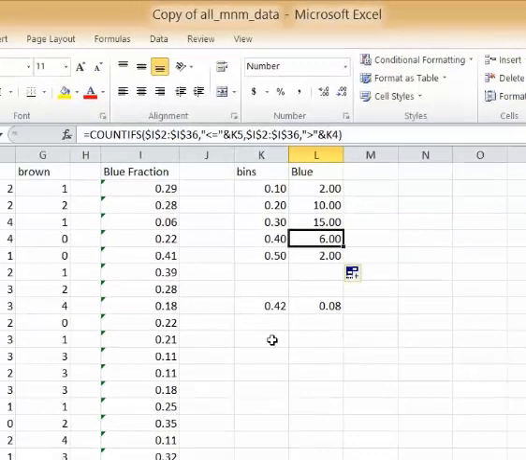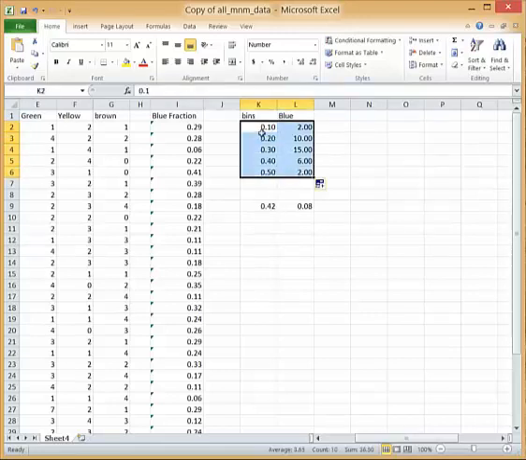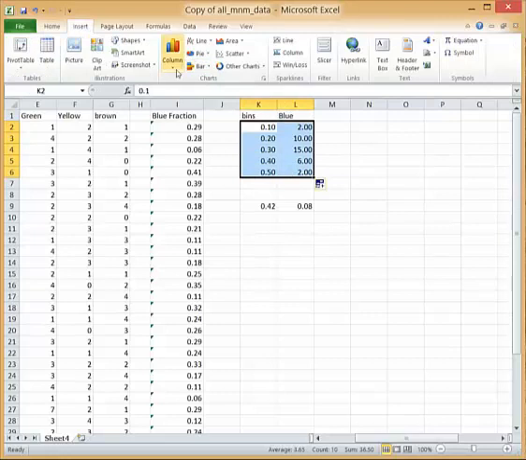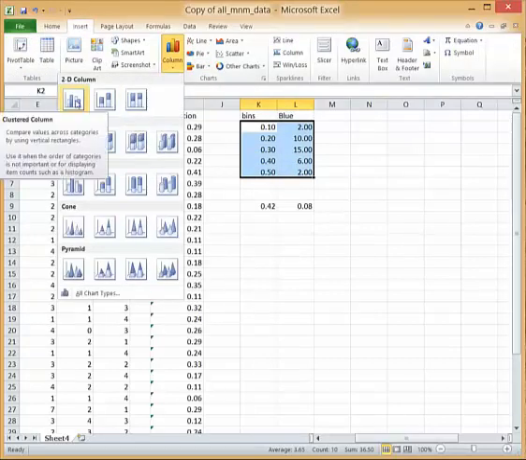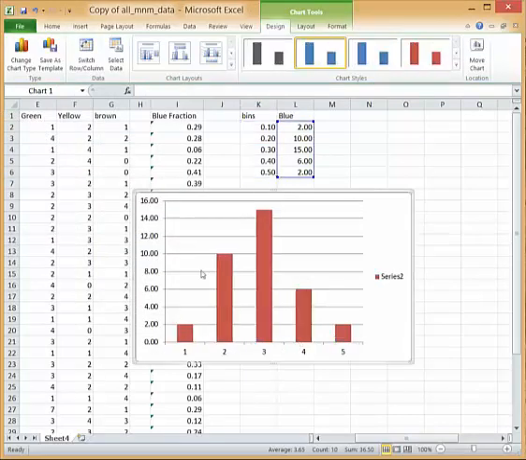Let's make a little bar chart of this to see if these data look like a normal distribution. Highlight, insert, column, bar chart. Oops, I forgot that we only need one data set, so I'm going to delete that. And notice how this looks like a bell curve. It's fairly symmetric on either side.